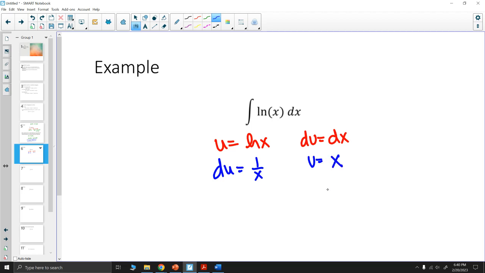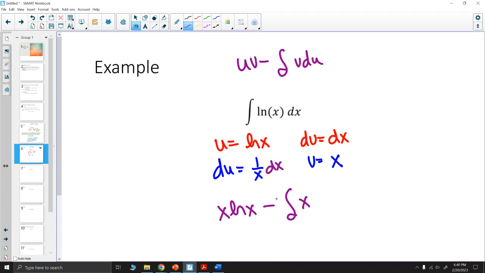x. Okay, so plugging into our formula again, uv minus the integral of v du. So u and v are ln x and x. I'm going to just write it like this so it's clear, but it's uv, so x ln x minus the integral of v times du. I forgot to add the dx here.